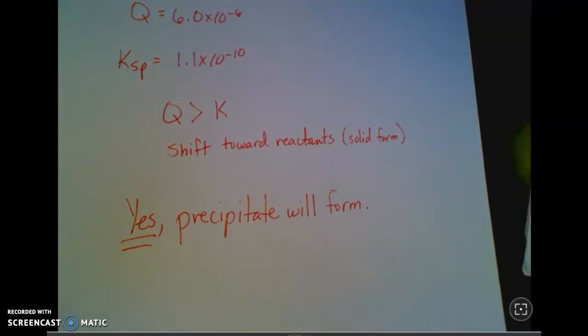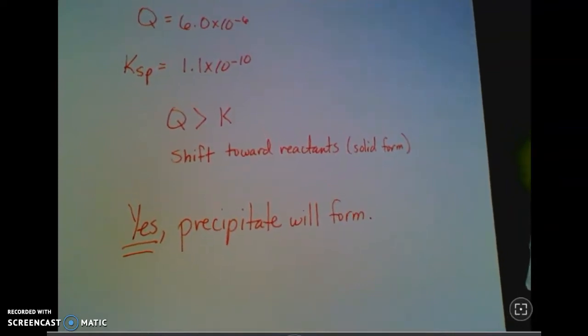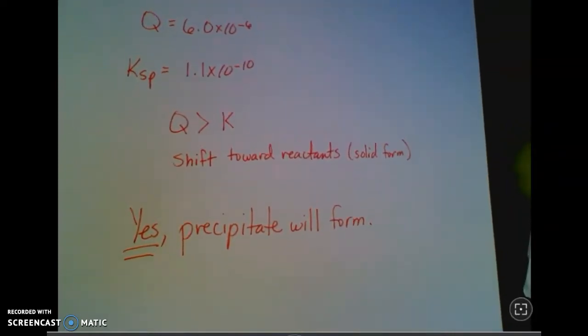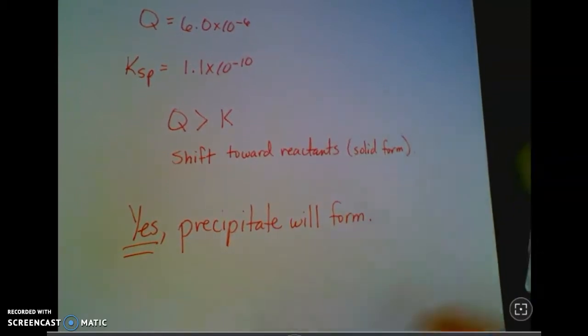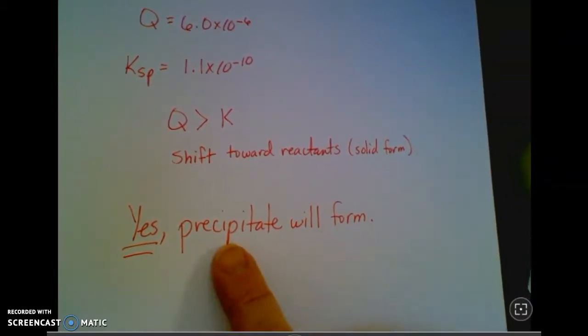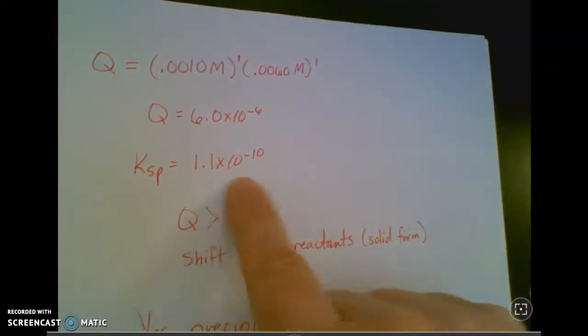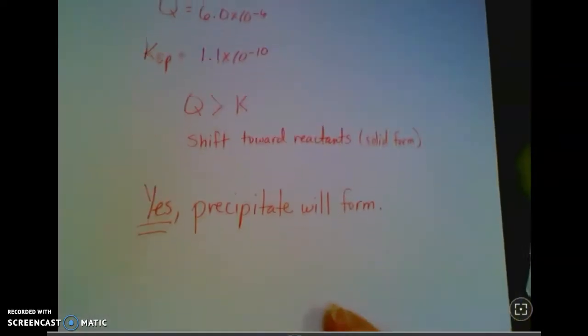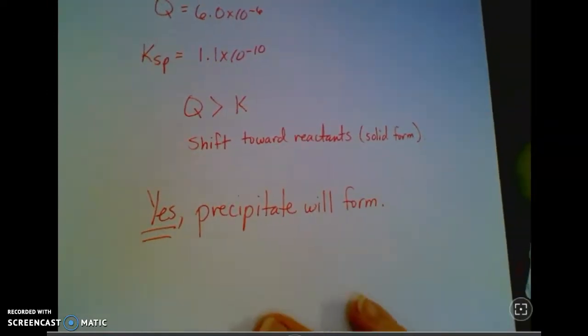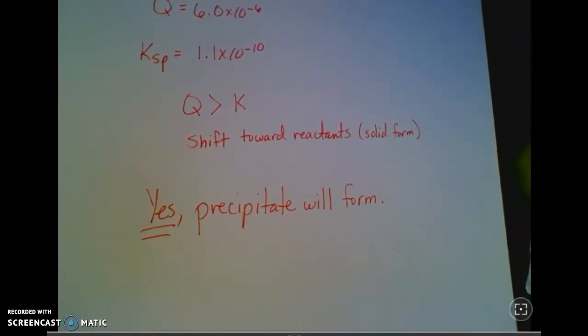And so that tells you that you are going to get a precipitate from this reaction. Obviously, if Q is less than K, then you're not going to have that shift. You could still dissolve more ions in that, and then no precipitate would form.